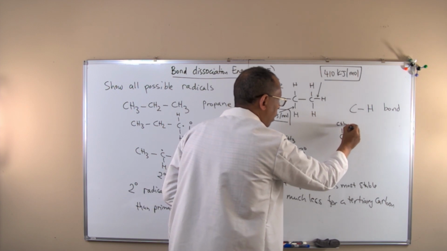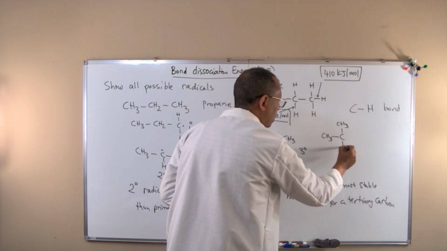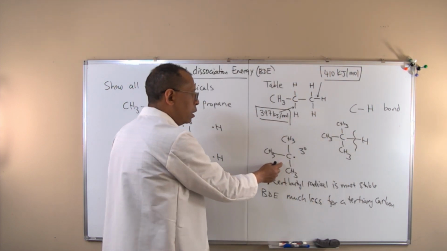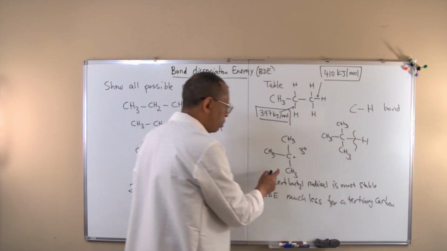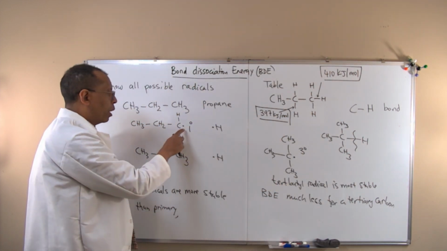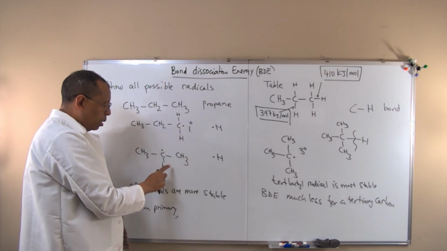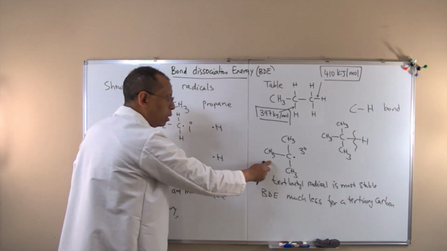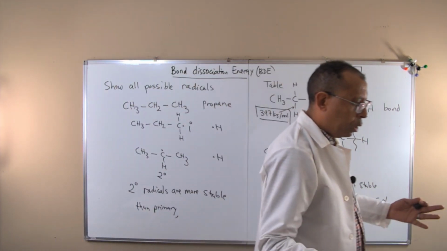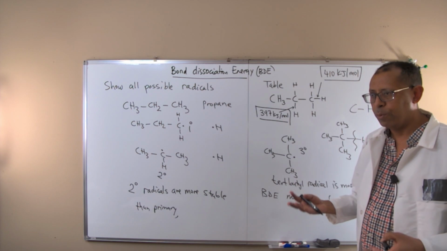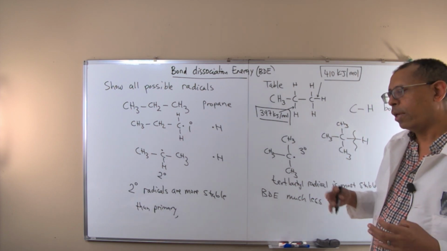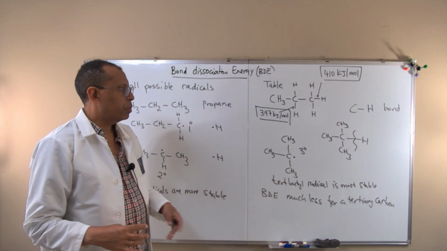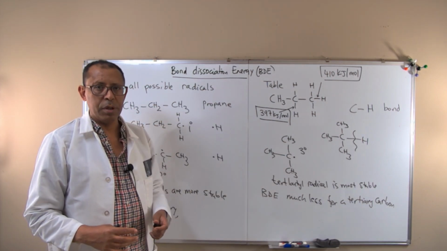What I mean is, breaking this H to generate a free radical is much easier than a primary, which is not stable. Next, this is a little more stable than that, and this is the most stable. So when you generate a free radical, you have to have a reason why a certain radical is formed while the other cannot be formed because it requires a lot of energy.